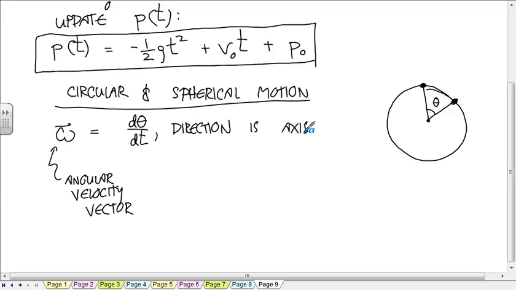If you think of an object moving in a circle as being like on a string moving around a pencil, or on a beam that's rotating about a hinge, then its direction is the axis of that hinge.